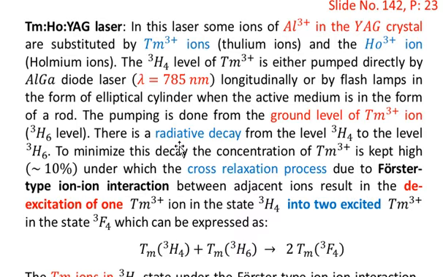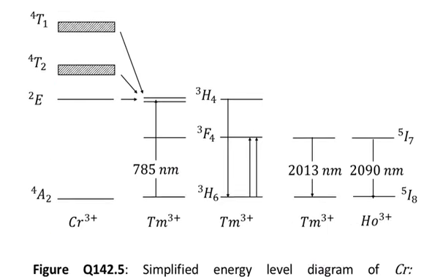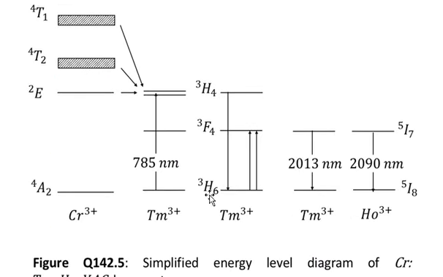There is a radiative decay from the level 3H4 to the level 3H6. So you see that when the pumping is done from the ground state level of the thulium, that is from 3H6 to 3H4, the transition can also occur backward, from 3H4 to 3H6, radiatively.